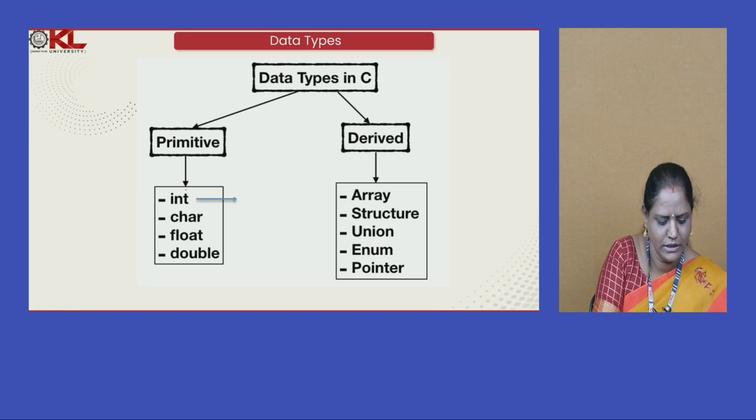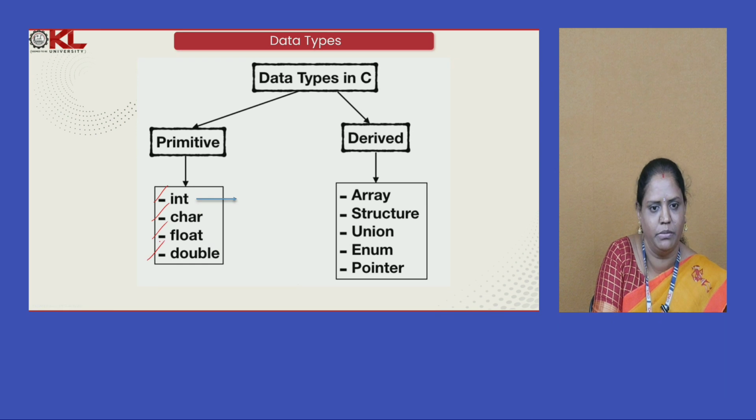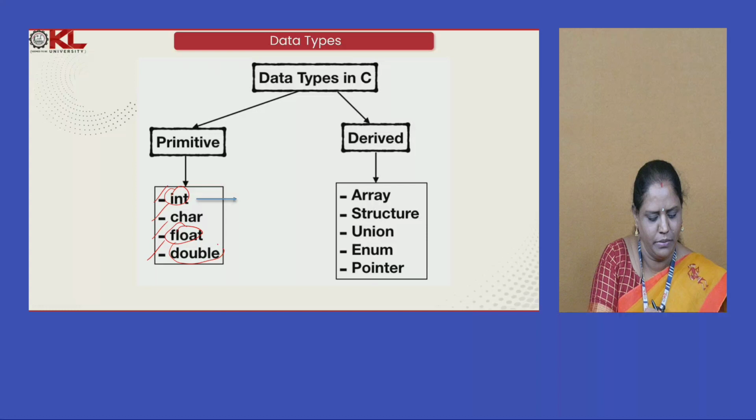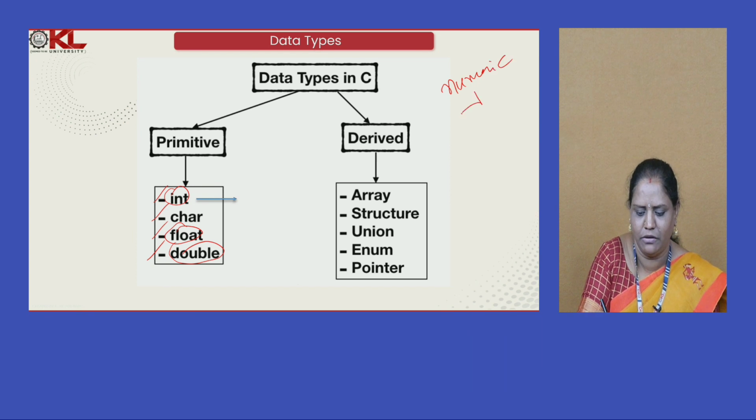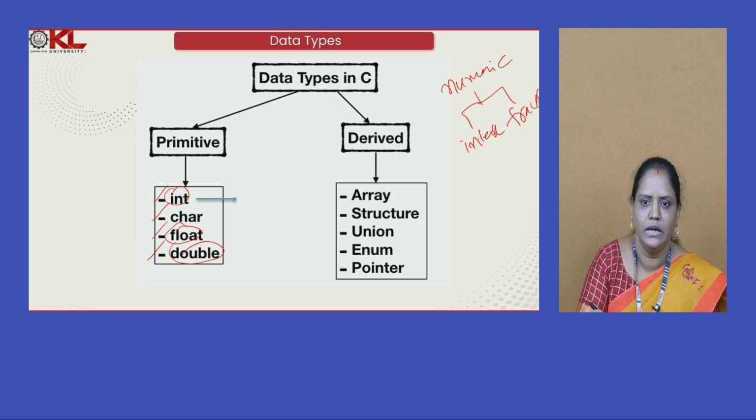Under primitive data types we have int, char, float, double. Among the 4, int, float, double are used to store numeric type of values, and in numeric type again we have 2 categories, that is integer type of value and the other one is fractional type of values. To store integer type of values, we go with the int data type, and to store fractional type of values, we go with float and double.